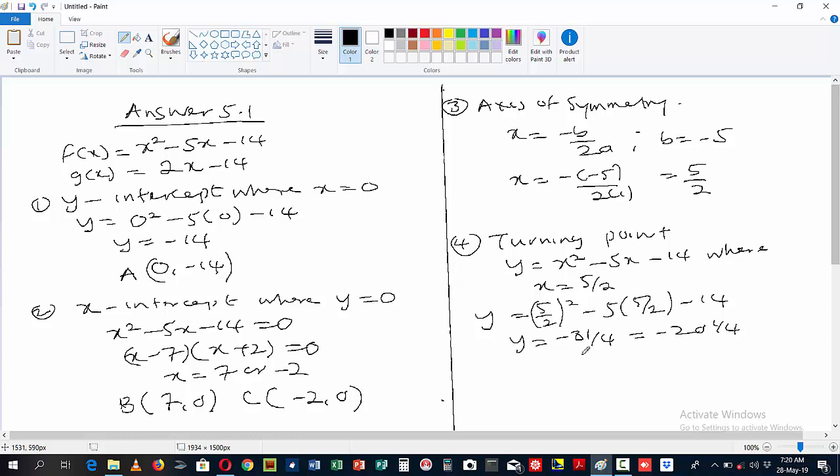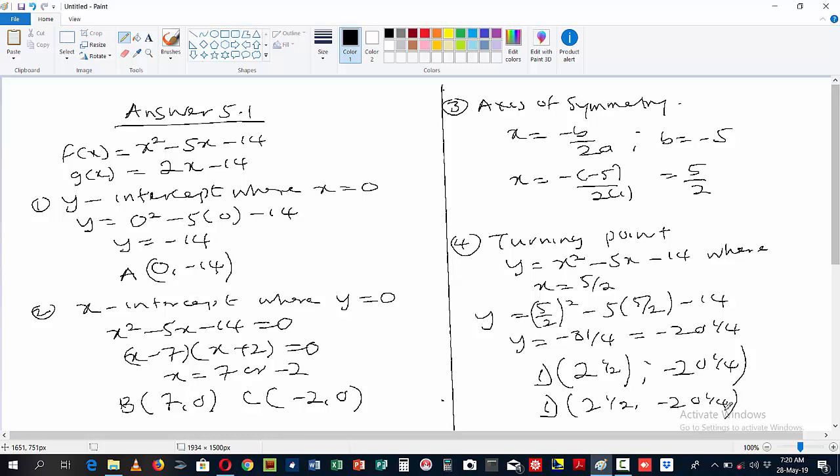Now we can write this one in form of coordinates as well. Coordinate D is 2.5 and minus 81 over 4.